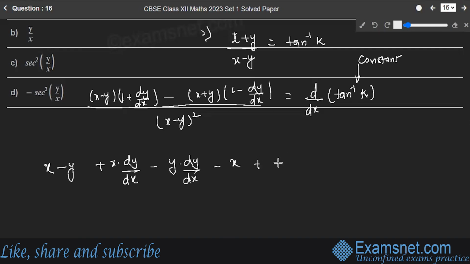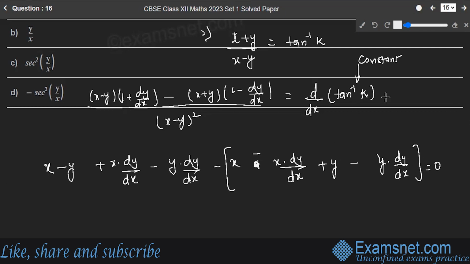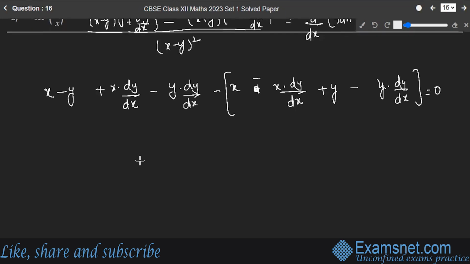Plus x into dy by dx. I'll take it like this on the outside so that we don't have any confusion. Plus y minus y into dy by dx. That is equal to 0 because the denominator will also go away by the cross multiplication.